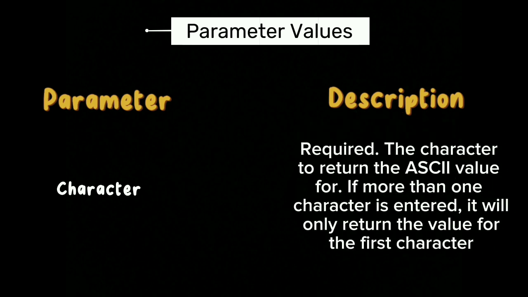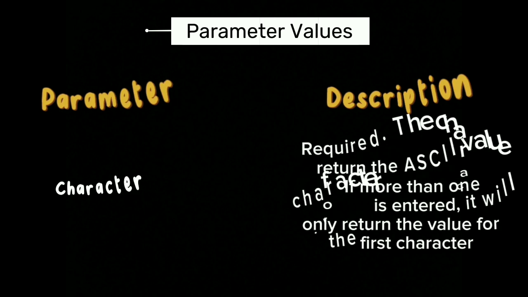Parameter: character. Description: required, the character to return the ASCII value for. If more than one character is entered, it will only return the value for the first character.